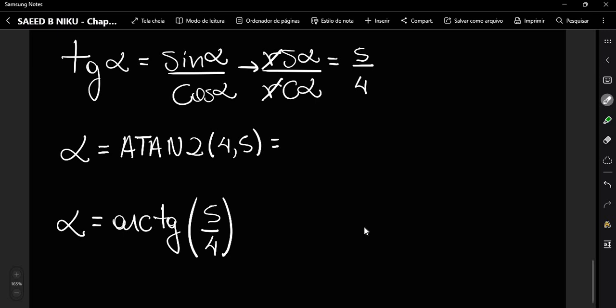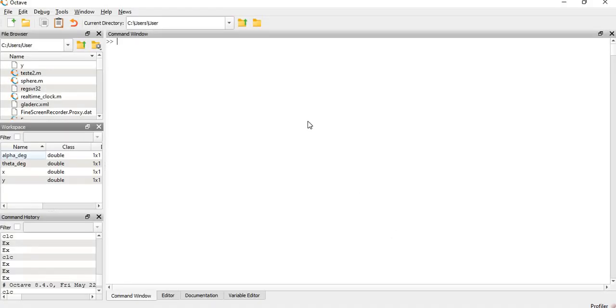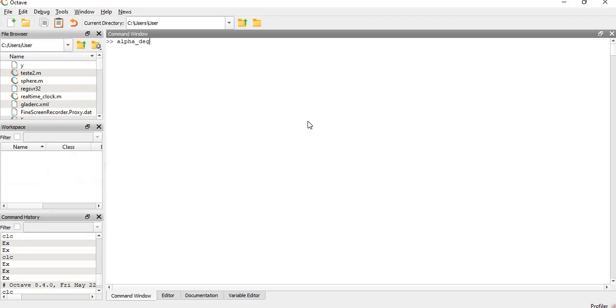Okay, let me open Octave. We will type alpha equals atan2d, and our coordinates y and x, which is 5, 4.